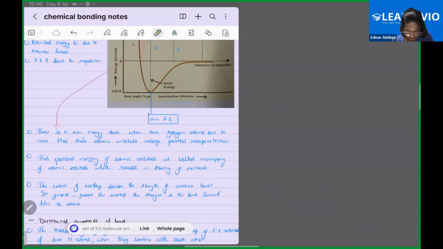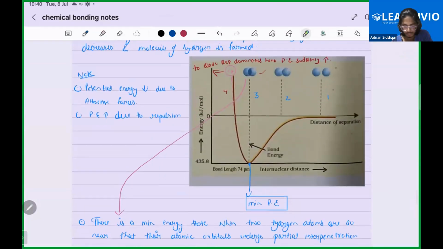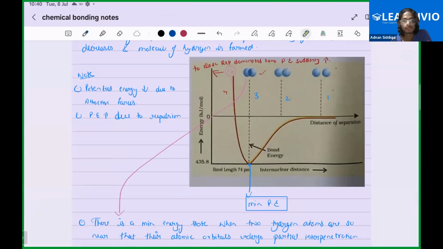So let us move ahead. Now I understood what negative and positive mean for energies. Negative means attraction and positive means repulsion. Negative means it is already stable; you need to supply energy to make it unstable. If it is going highly positive, you are taking it away from stability.